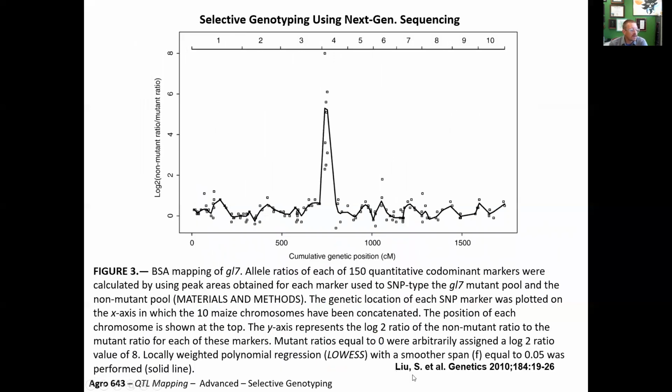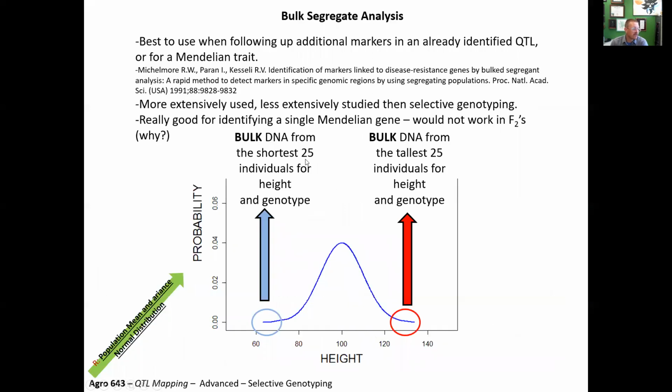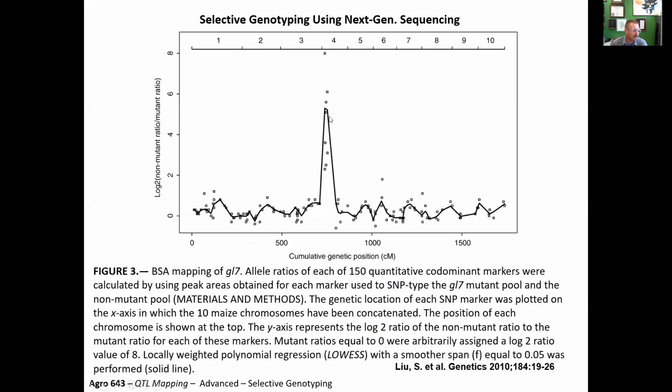And so this article here, Liu et al. in Genetics in 2010, is an example of how bulk segregant analysis using next-gen sequencing can be used to identify a genetic mutant. Okay, so again, this is going to work well for a major effect gene, a disease resistance gene, for instance. You can have your pool of resistant individuals and your pool of susceptible individuals, right? It's not going to work really well for a trait like yield that's complex and quantitative.